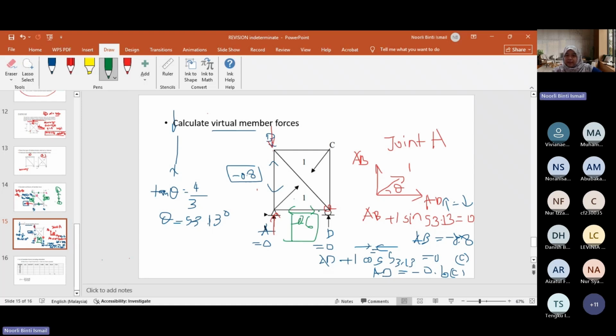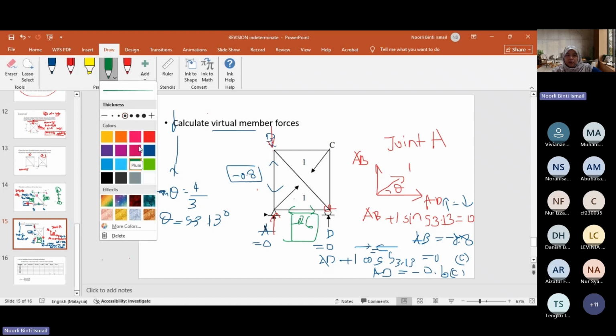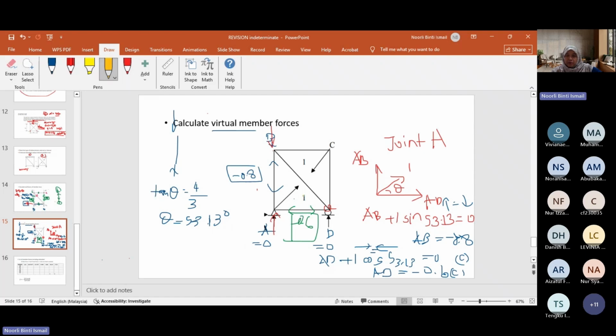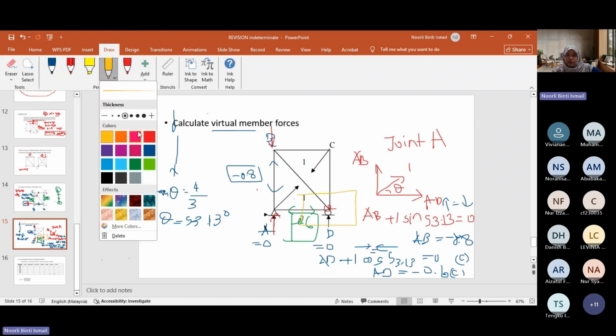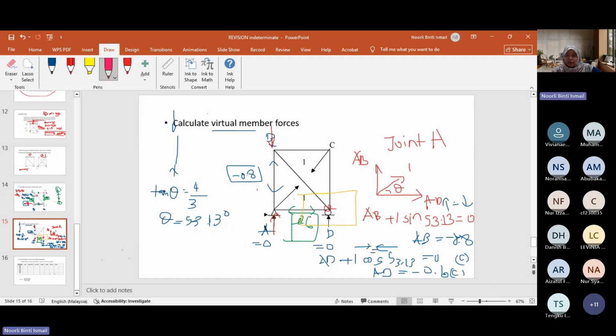So we go find D first, D. Jadi kalau you tak faham, you can apply method of join lah. Method of join. Because this one, they don't stated what method. So look at here. If you see here, we have two unknowns, right? BD and CD. Two unknown member forces of thrust.